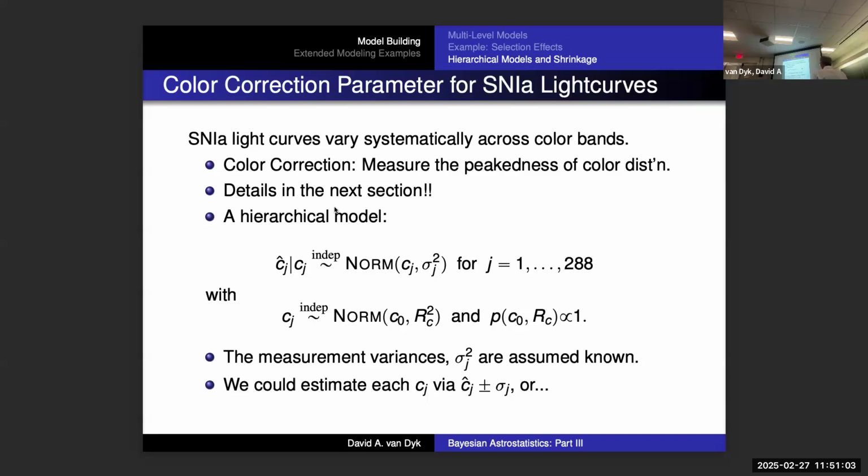What you might often do is, for this particular supernova, I have an estimate, C hat, and I have a sigma j for it, so I can just take my estimate and say it's the color correction plus or minus sigma. And I'm going to say, unless you only have two supernovas, don't do this.